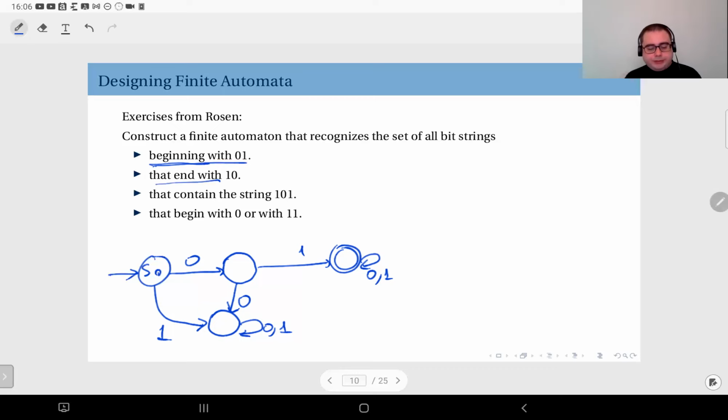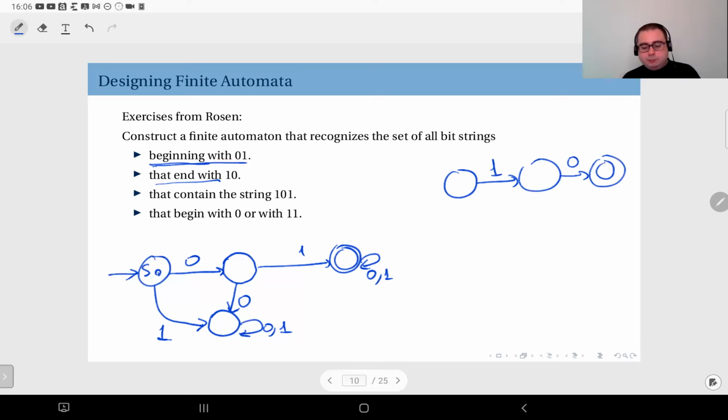How about the second one that end with 1, 0? Now again, I'm going to have a state which takes me to this next state with a 1, and then with a 0, I need to go to the accepting state.